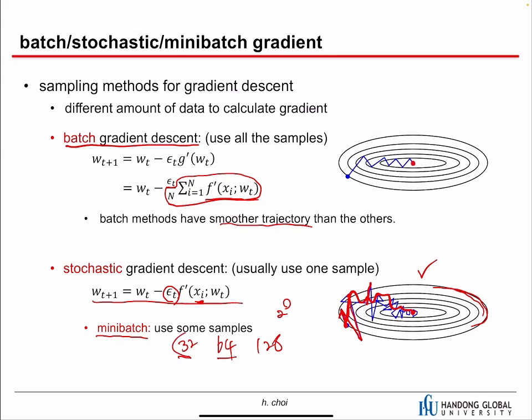That's why we use these numbers. There is no specific reason. If you want, you can use 50 or 100. It's totally fine. So usually we use 32, 64, or 128 samples for a mini batch. If we take 64 samples, we take an average of the gradient, then we update.